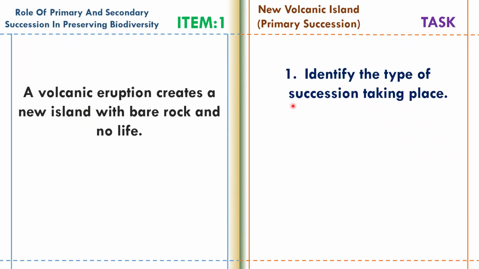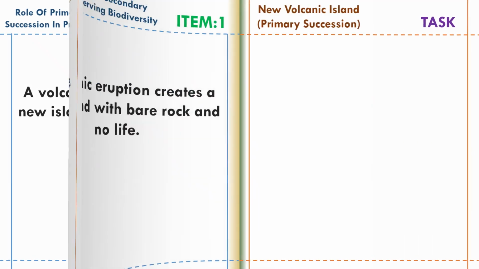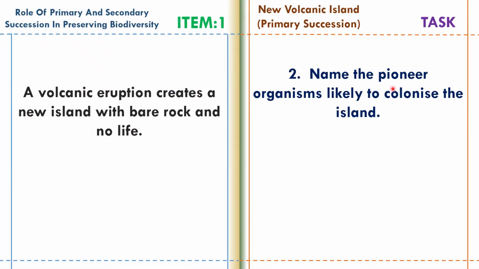Identify the type of succession taking place. Primary succession. Name the pioneer organisms likely to colonize the island. Lichens and mosses.